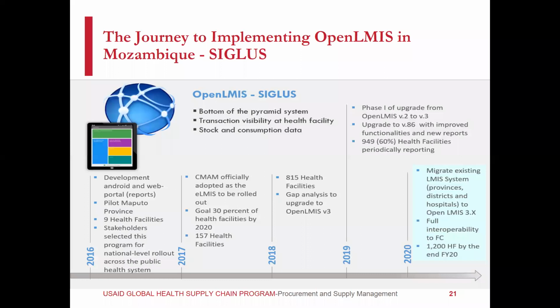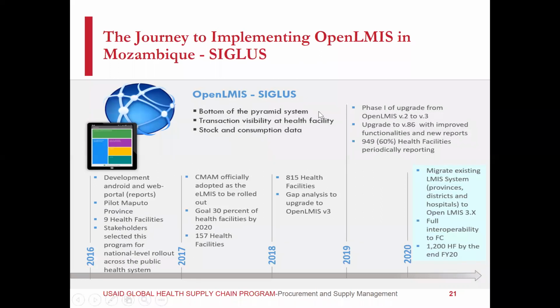In this year, the gap analysis was made to upgrade OpenLMIS V2 to V3. After that, in 2019, we started and finished the implementation of phase 1 of the upgrade of OpenLMIS V2 to V3. Basically, it was to get mobile functionality and put it on the web portal.